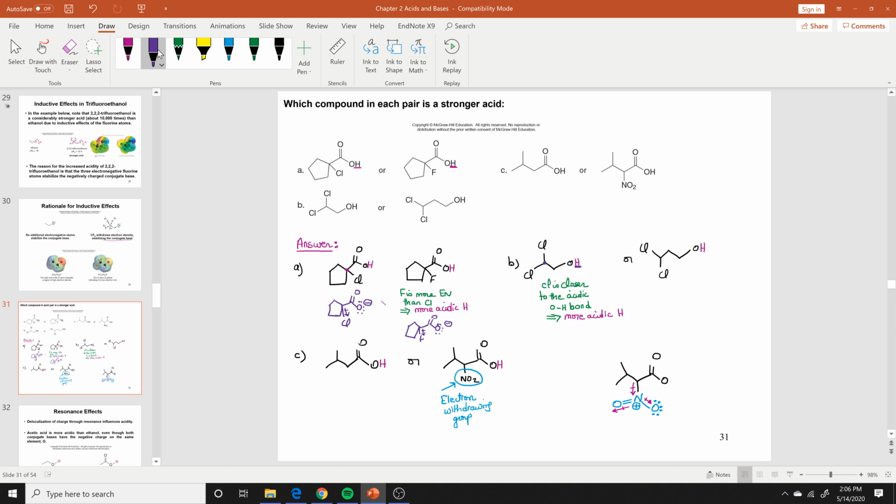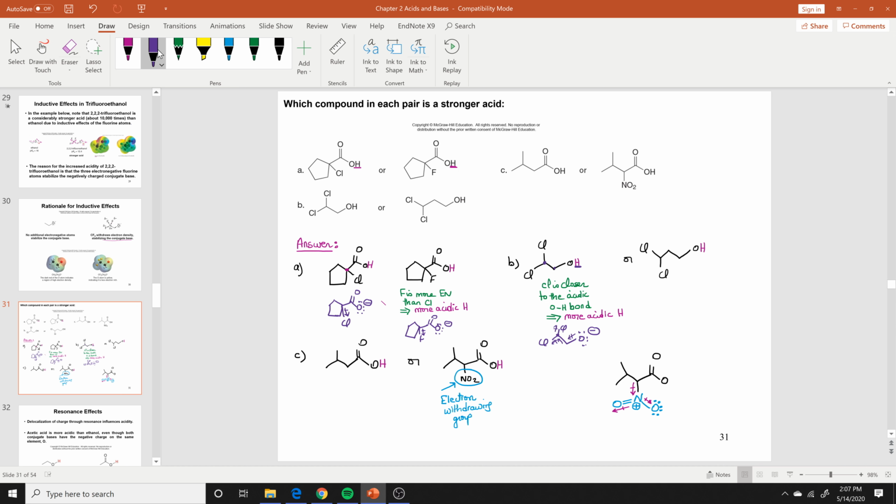Reason why? Because look at the conjugate base over here. You have a chlorine, you have a chlorine. Chlorines are closer to the electronegative element in there. So basically, they're going to pull the electrons away and distribute the electron density throughout the whole structure. This is one carbon separation between the chlorines and the oxygen that is connected to the hydrogen.